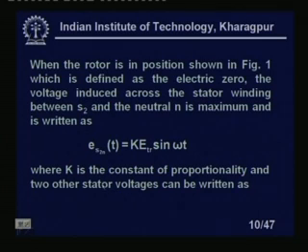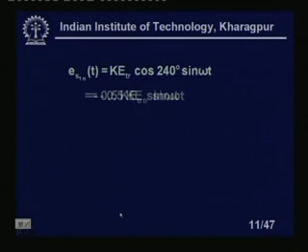There are two other stator voltages, between stator 1 and neutral, and stator 3 and neutral. Those voltages will be ES1N equal to K ETR cos 240 degree into sin omega t, which is minus 0.5 K ETR sin omega t.